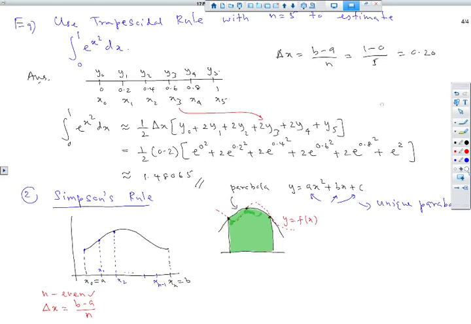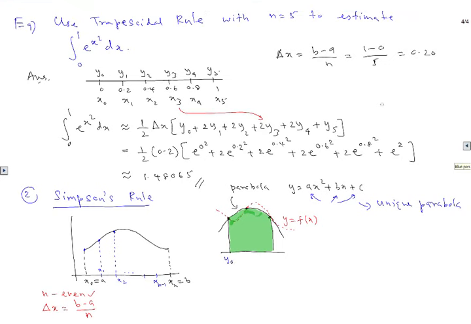We have y0, this is the y1 value, this is the y2 value. We can assume that there's a unique parabola which has the form ax squared plus bx plus c, and then you can show the area of this region.